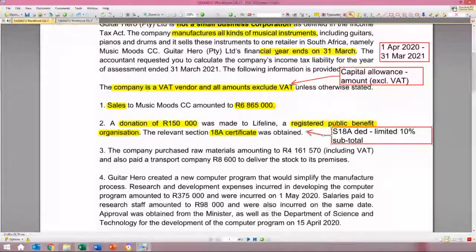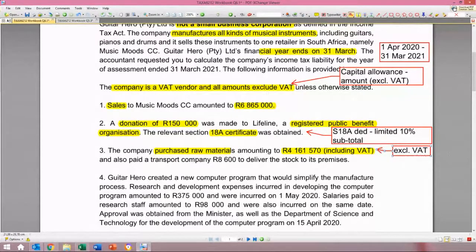Then the company purchased raw materials, so this would now be Section 22, and the amount was 4.1 million, but here they tell you it's inclusive of VAT. So I need to exclude the VAT amount when I capture it. Because I'm a VAT vendor, I would have claimed the VAT amount, and in terms of the prohibited deductions, I can't claim any taxes.